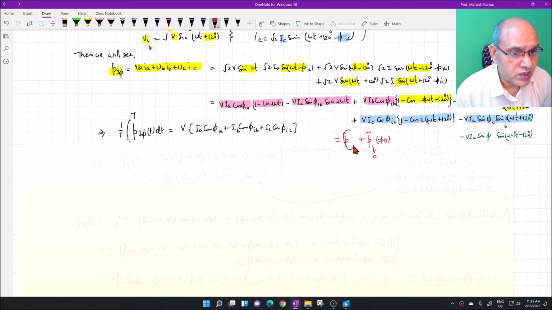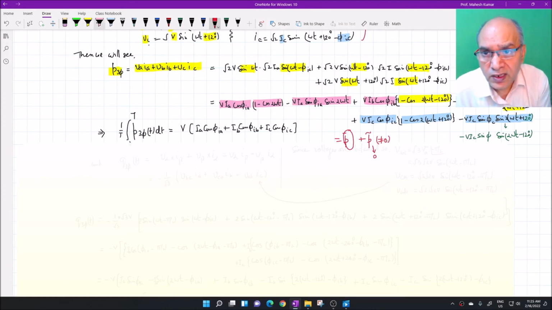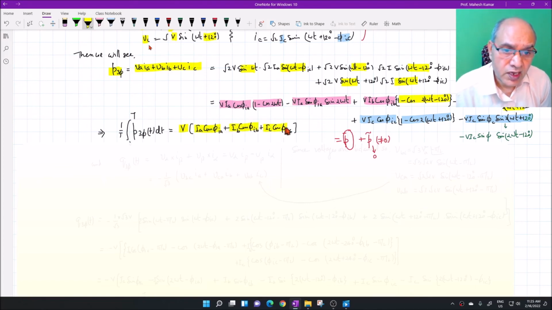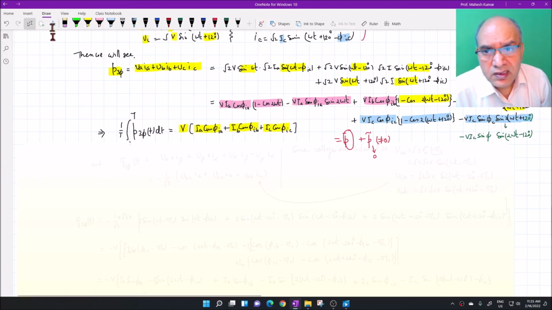And this value is the average value of the instantaneous power, called the real power, and it is nothing but VIA cos phi IA plus IB cos phi IB plus IC cos phi IC, which is similar to what we have derived earlier.